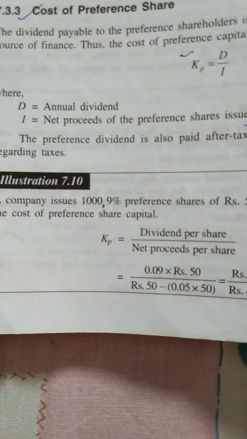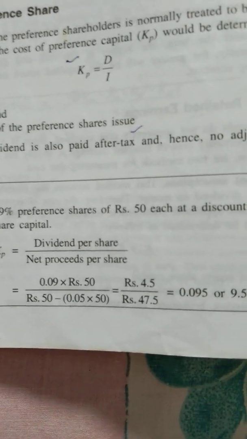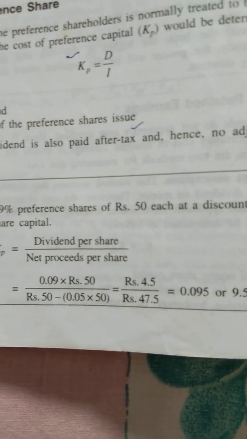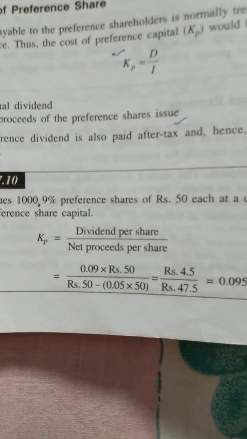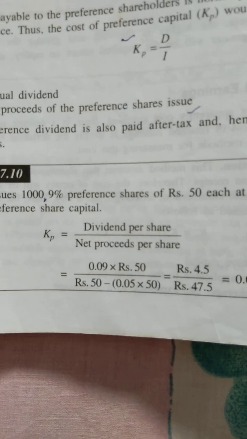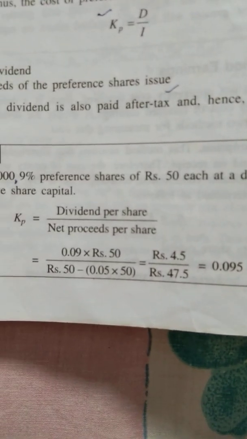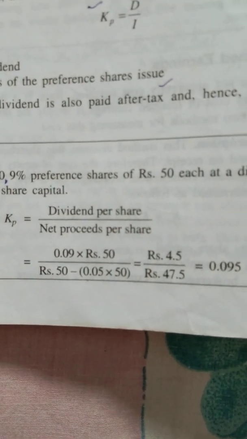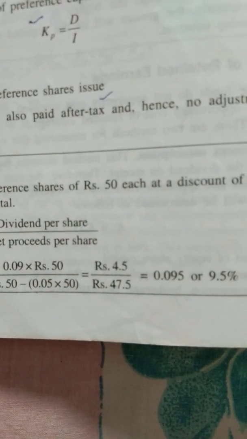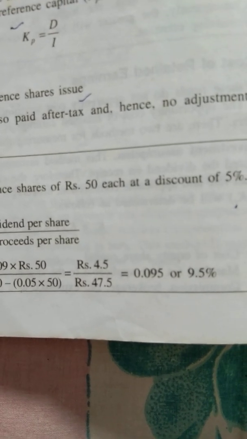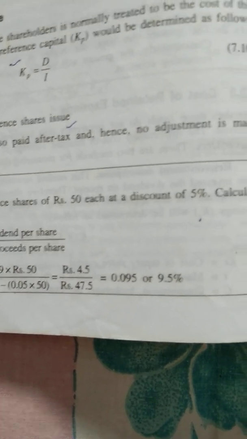And what is the net proceeds? Net proceeds means after deducting the discount. 50, as it is discount 5%, discount has been deducted. If it is premium, then 5% premium should be added. It came out as 0.095 or 9.5%.